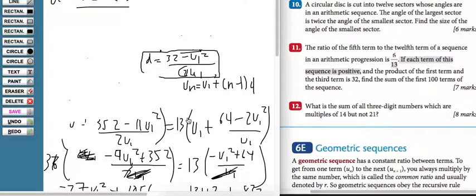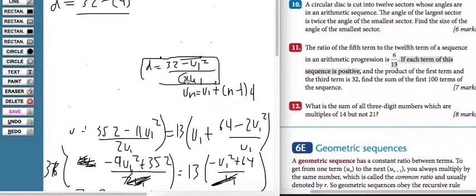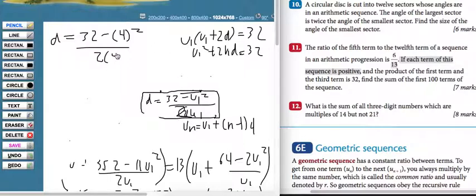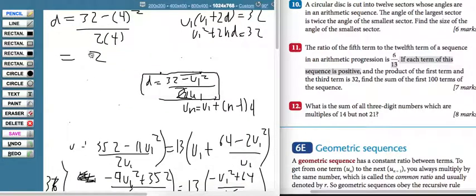Okay, so we had u1 squared plus 2u1d equals 32. Okay, it's a 2. Alright, 2u1, so it's 2 times 4. So this is going to be 16 on the top divided by 8, so it's going to be 2. So we have u1 equals 4, we have d equals 2, and then we have n equals 100.